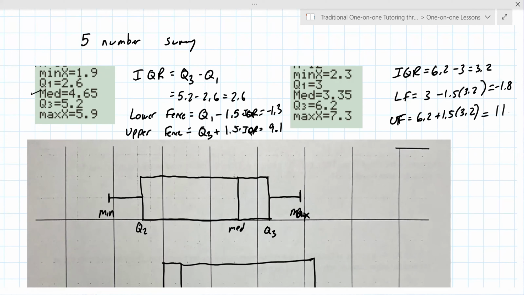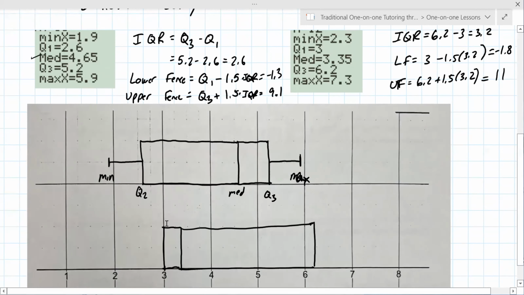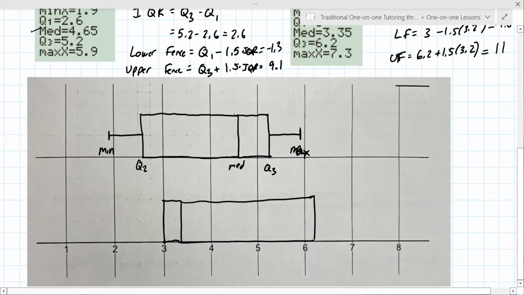But we don't have that in this case, so we're going to graph the min. The min is 2.3, so a little smaller line there, and then the max is 7.3. It's about there. All right.